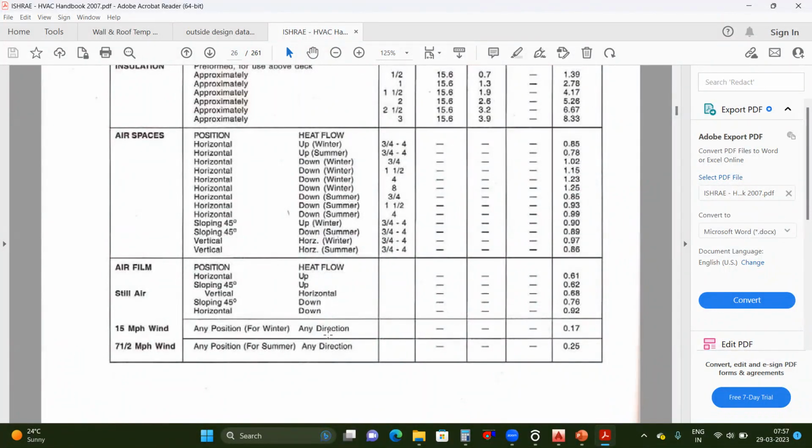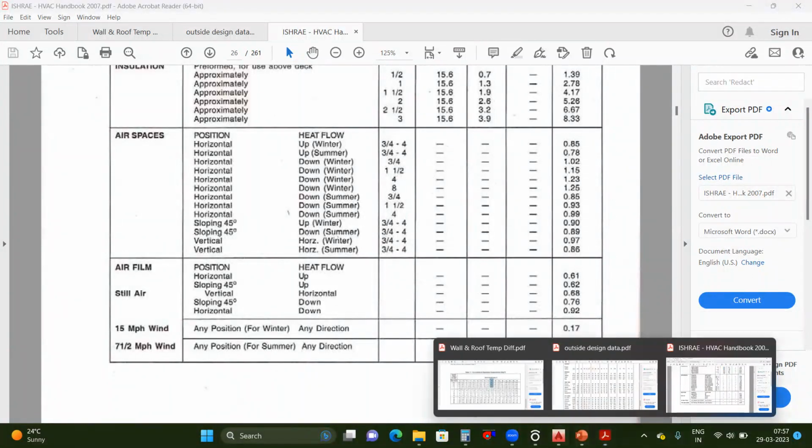We are doing this for the summer season, any direction, so we select the bottom value, 7 1/2 miles per hour wind, any position for summer, any direction. The value will be 0.25.